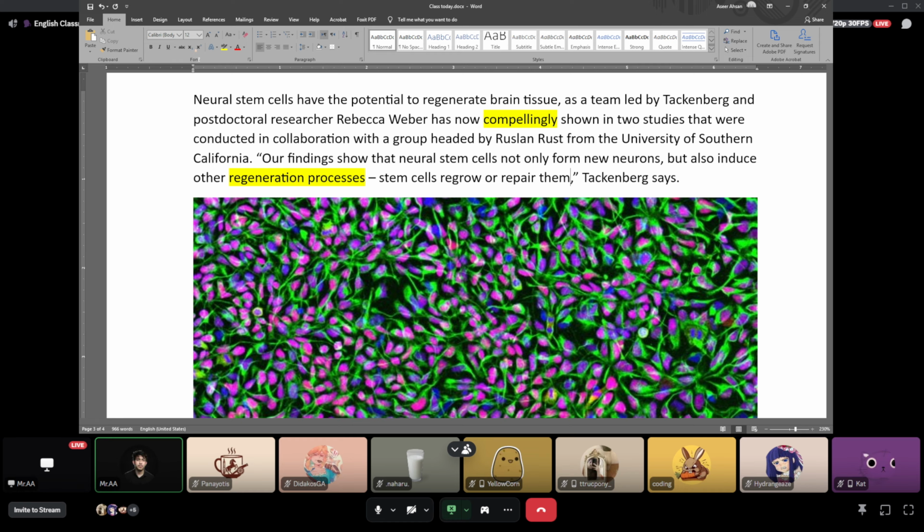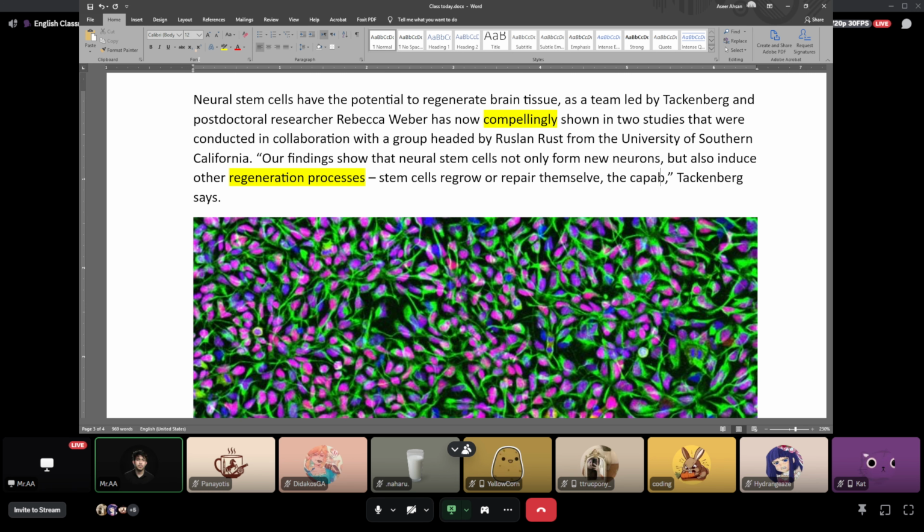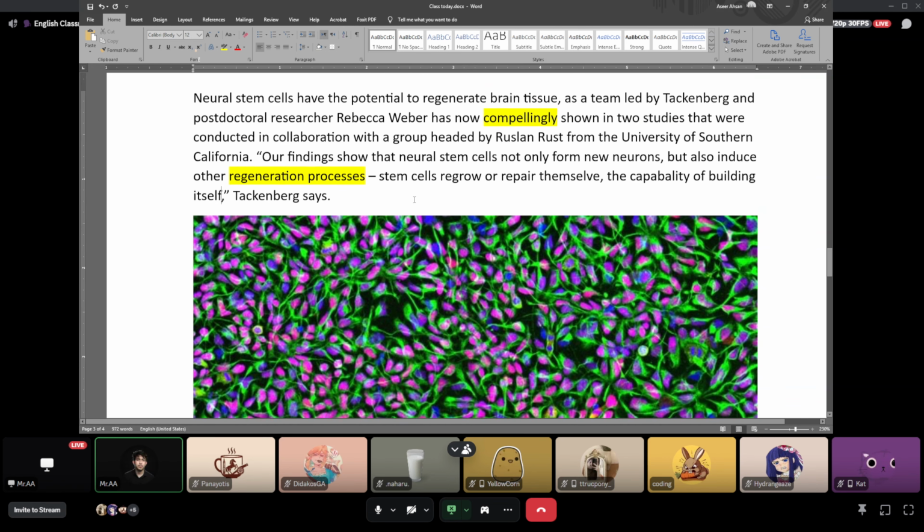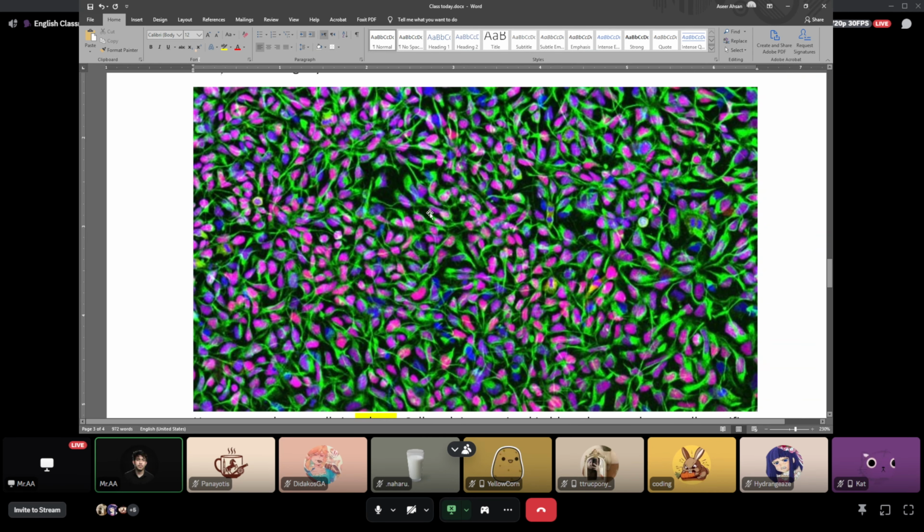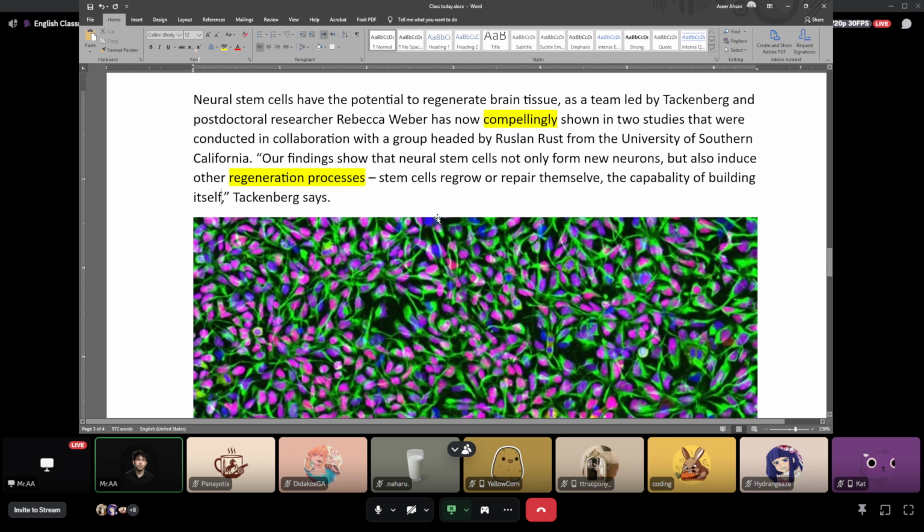Excellent, that is a very nice and beautiful way to describe this process. Stem cells regrow, repair themselves, regeneration. The capability of building itself, I would say. Yes, this is a process where they could regenerate, duplicate themselves, multiply themselves.